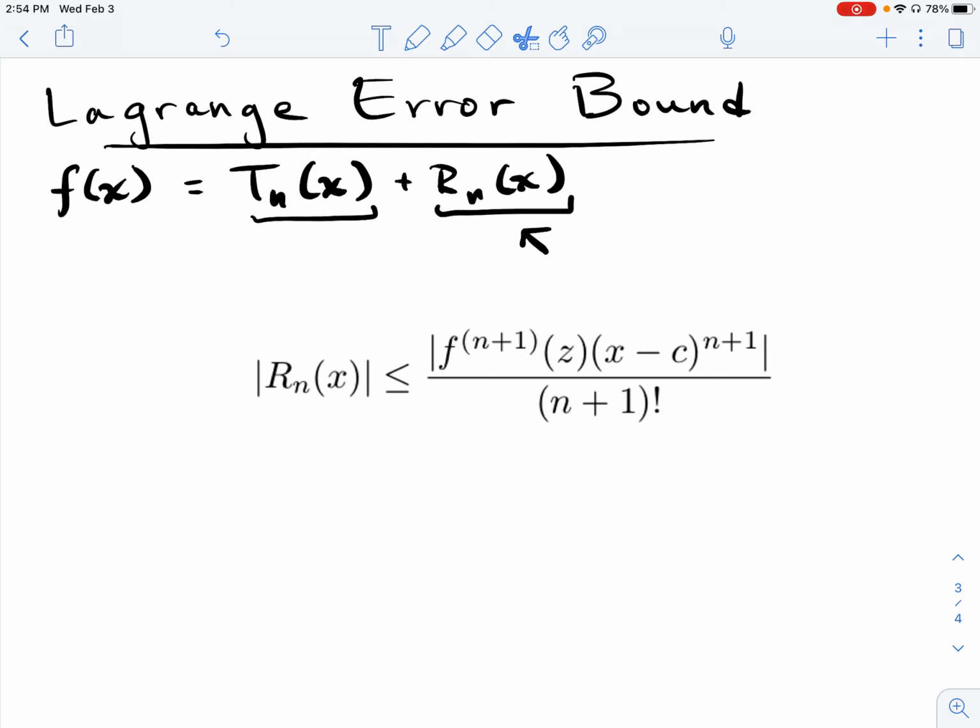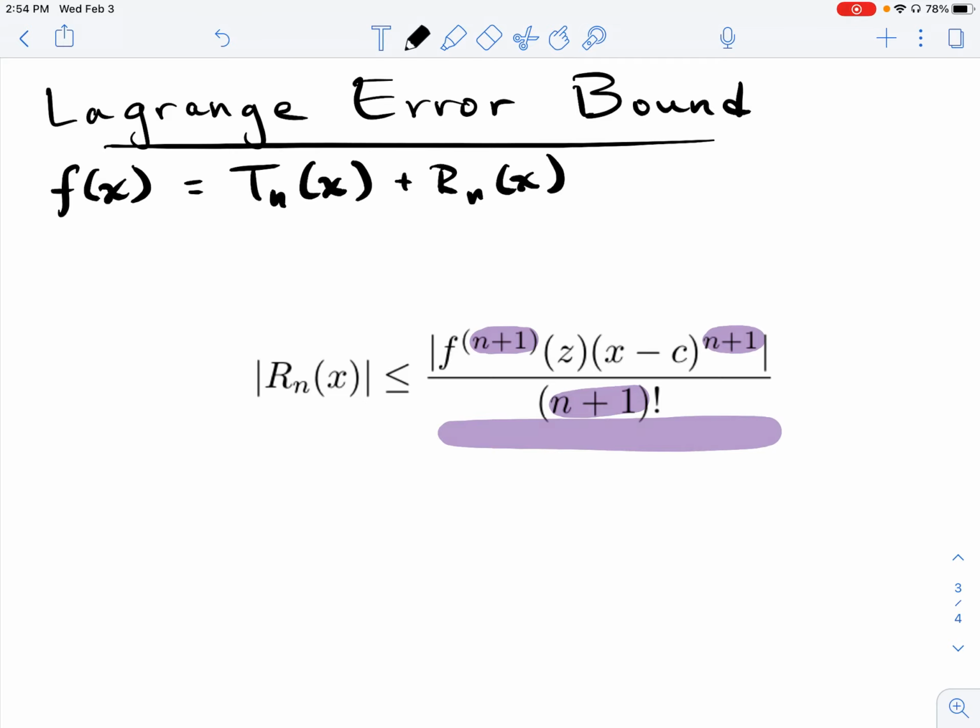Now let's pause because there's a couple things to digest here. So first off, I want us to make sure that we identify what we have here, and hopefully this looks familiar to you. That's basically just the general term for a Taylor series. But notice I'm using the n+1 order term, and this is basically us just trying to say the next term after our partial sum has been calculated.